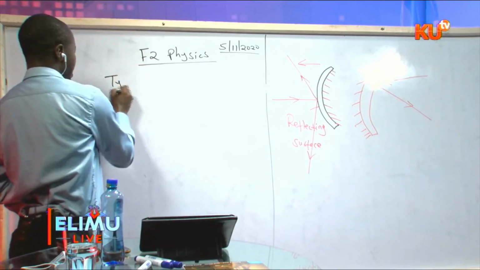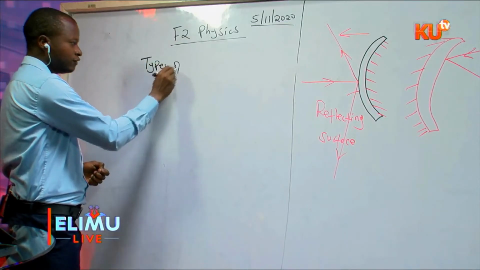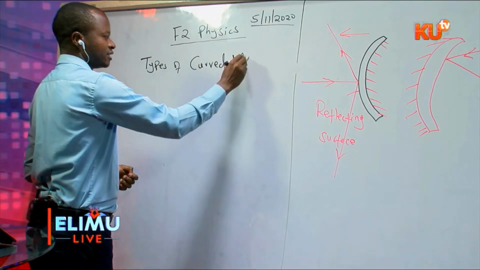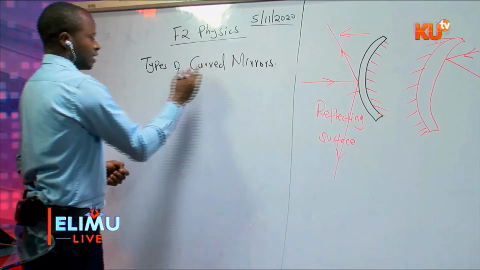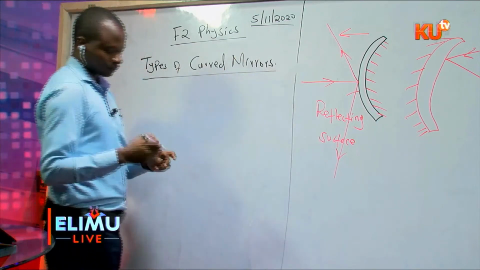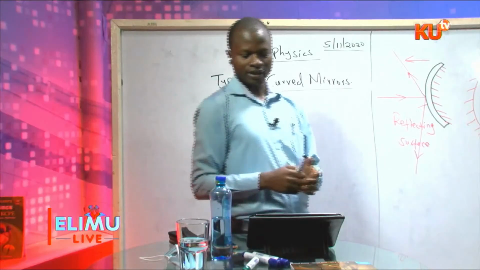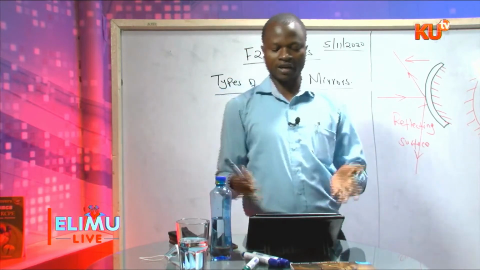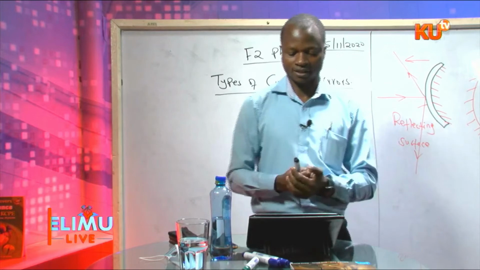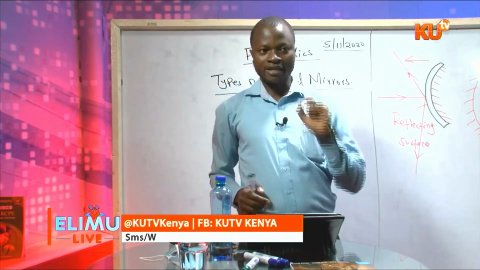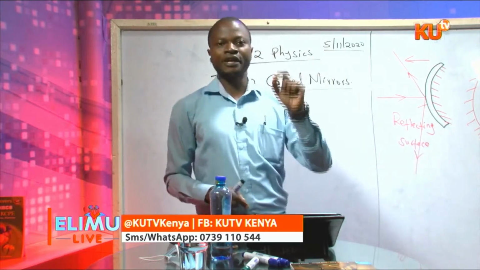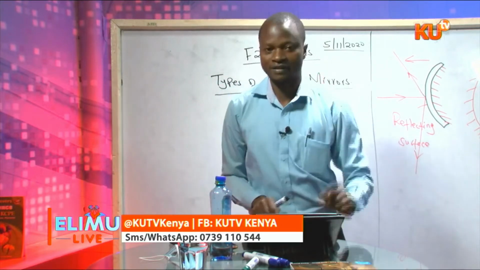So you write: types of curved mirrors. We have already explained that they are formed or obtained from hollow shapes or spheres or cones or cylinders, all those. So there are two main types of curved mirrors, and the name depends on the reflecting surface.